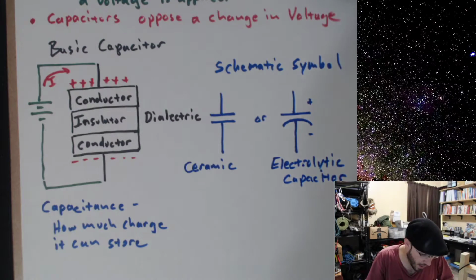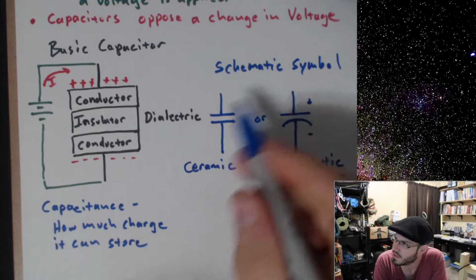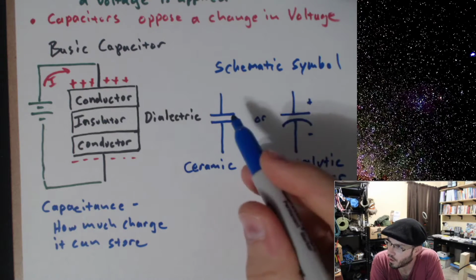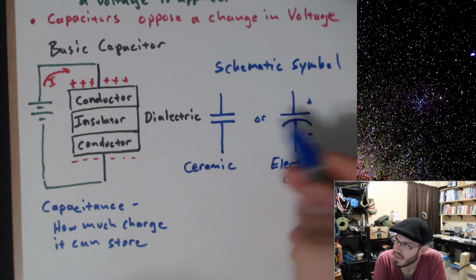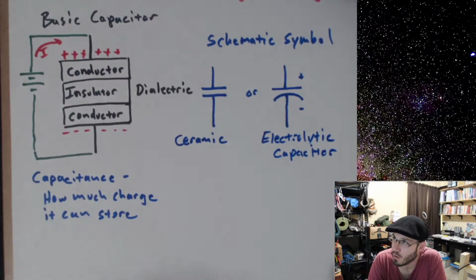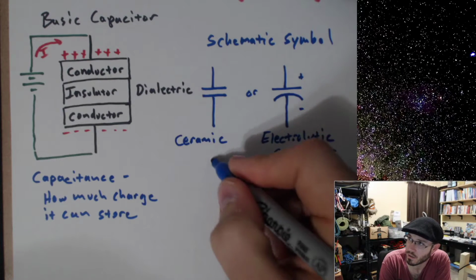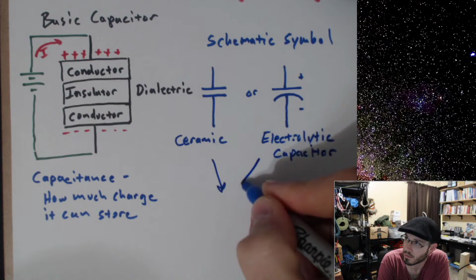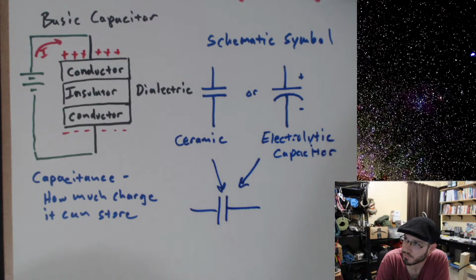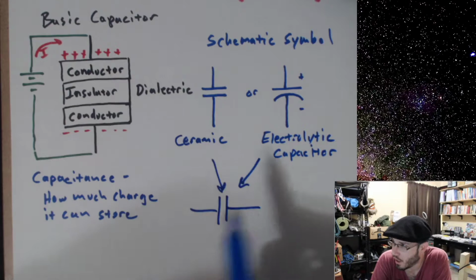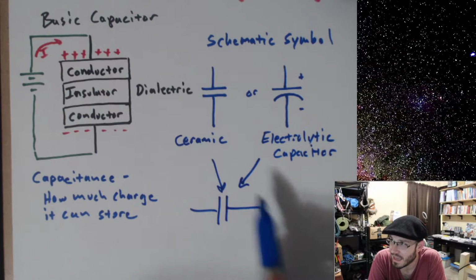Okay, now for all practical purposes, on the board in our circuit simulation tools, these are really both the same. It really doesn't matter. We're going to treat all capacitors like this.